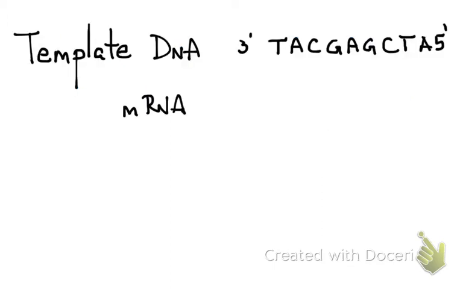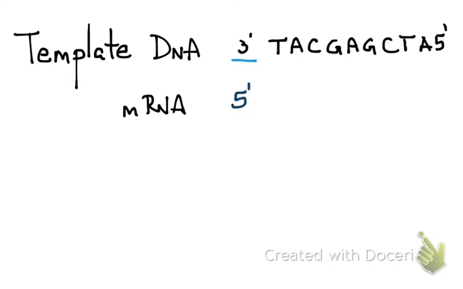So let's take a look at this sequence here. What we're looking at is template DNA. And remember, template DNA and mRNA are complementary and anti-parallel to each other. So for example, what that means is if this is our 3' end of the template DNA, then our mRNA needs to start with a 5' over here.